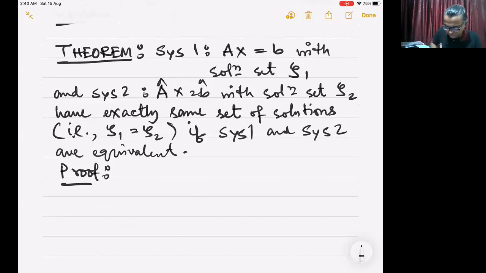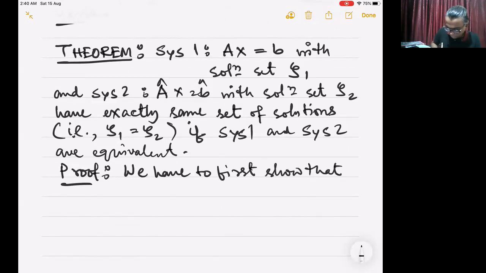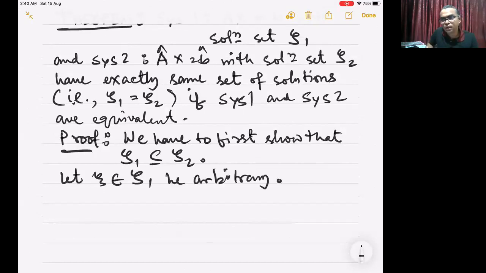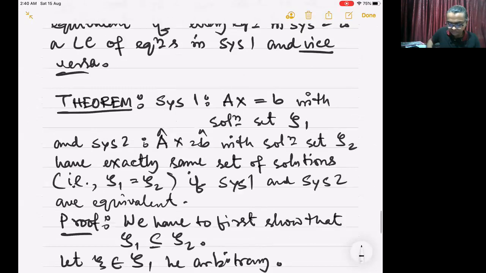So we have to first show that S1 is contained in S2. How do I do this? Well, let Xi be an arbitrary element in this set.